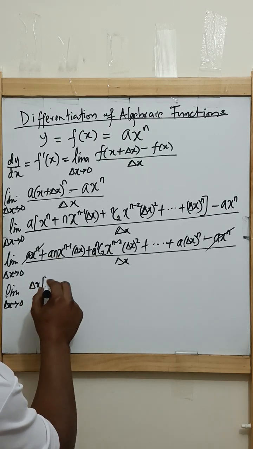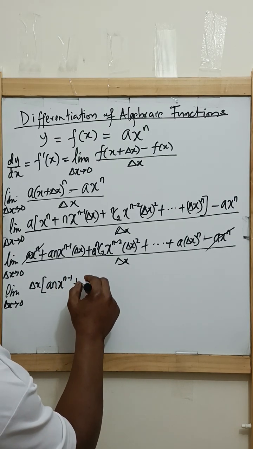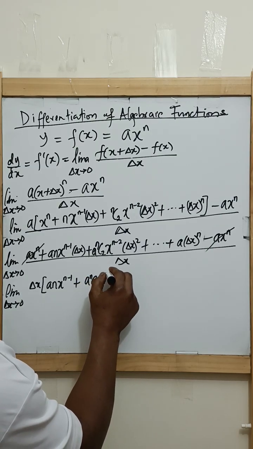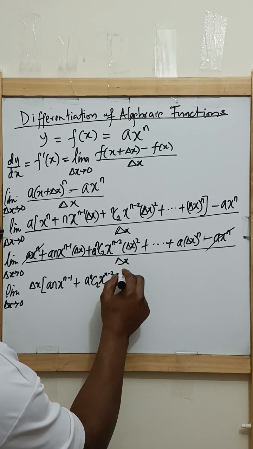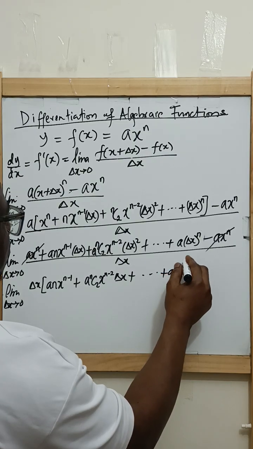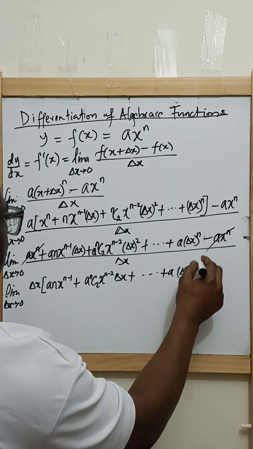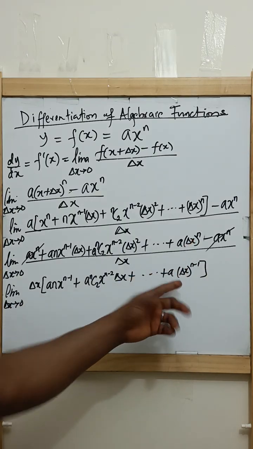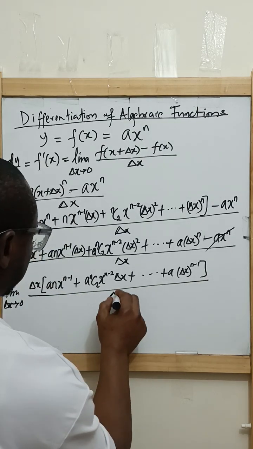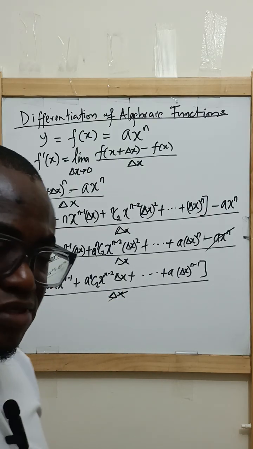So this is now going to be a n x raised to the power n minus 1, plus a n combination 2 x raised to the power n minus 2 delta x, plus the last term, which is going to be delta x raised to the power n minus 1. If you remove 1 from the power, it's going to be n minus 1. That's the expansion there, all over delta x. So delta x can cancel delta x here. Are we good to go with this?